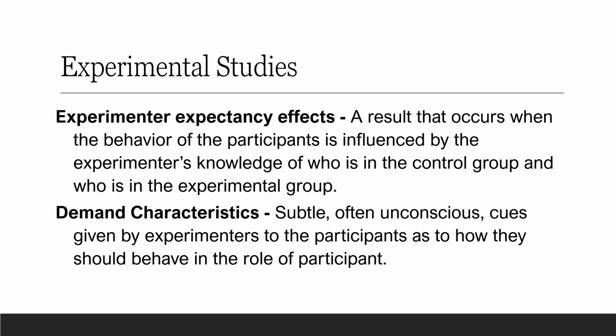Now that I know who my participants are, there's a tendency for me to think that the people in the experimental group are behaving in the way that I want them to behave. Sometimes our expectations as a researcher will make our conclusions biased. We are not being so objective because we know who belongs to which group.